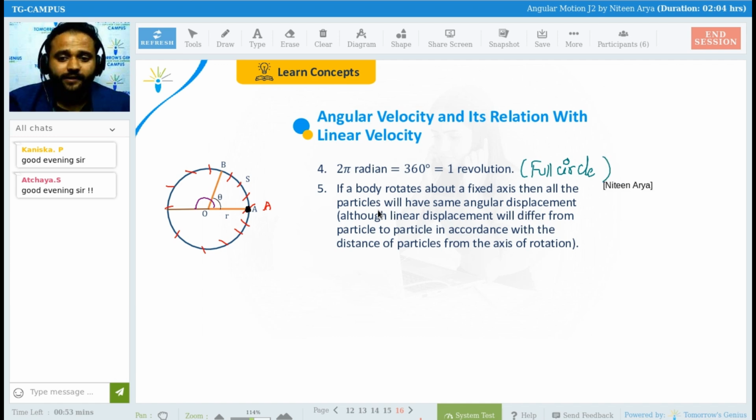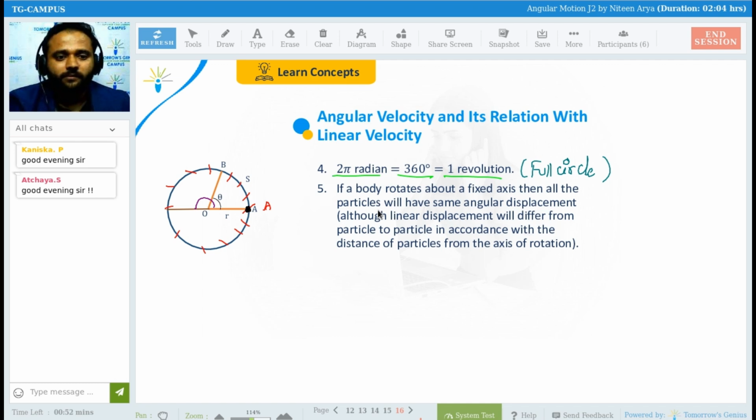These terms you can hear or read in a question. That means the angle is 2 pi: in radian terminology it is 2 pi, in degree terminology it is 360 degree, and in revolution terminology it is 1 revolution. Got it? Is this clear now?